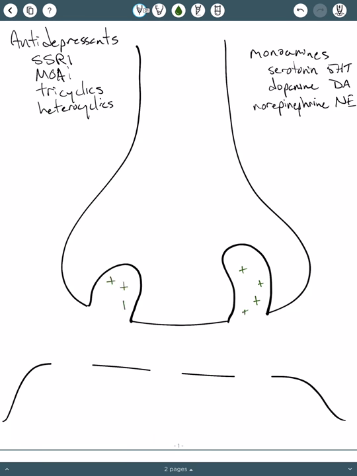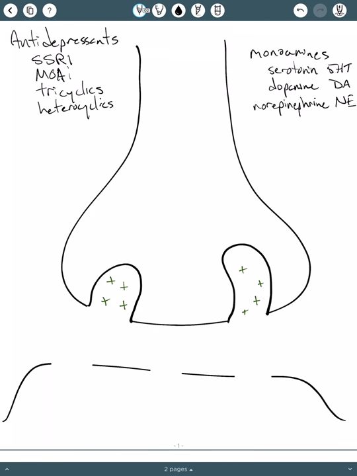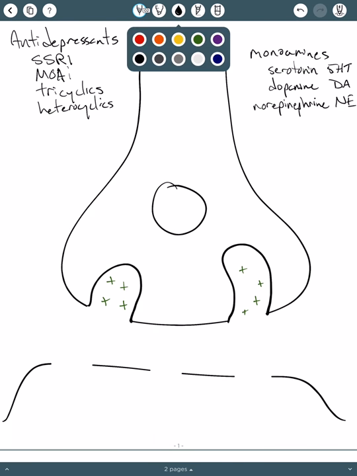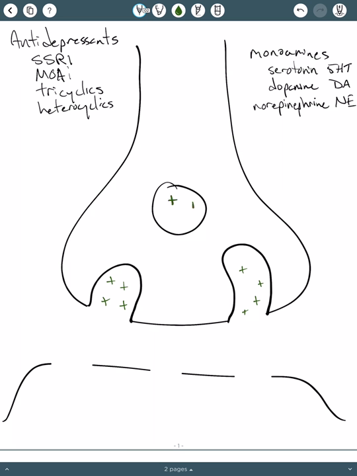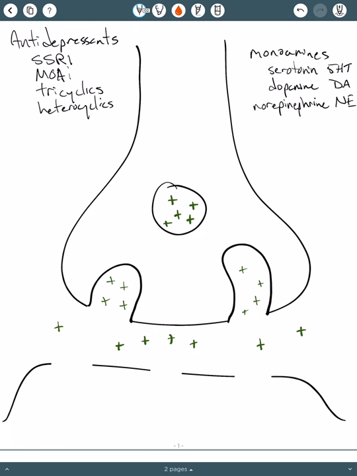Now, when these neurotransmitter molecules are released from vesicles, let's draw one more vesicle in here to show that we've got some serotonin, norepinephrine, or dopamine ready to go inside. That transmitter empties into the space between the neurons that contain these monoamines, and it interacts with its receptor on the postsynaptic neuron.